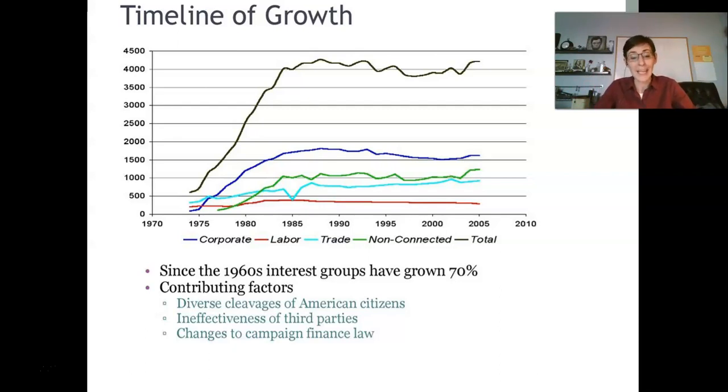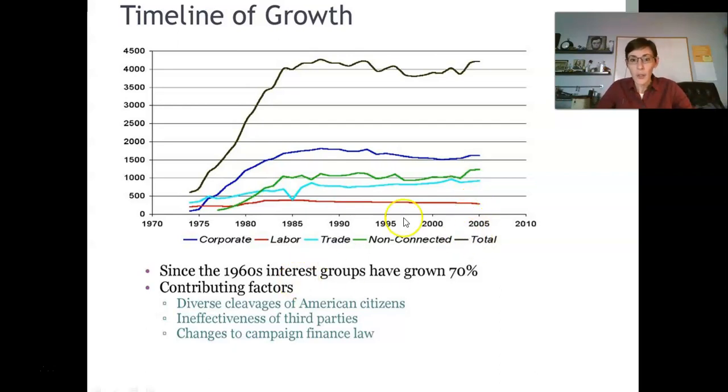And this group can donate to political causes and, to a degree, political candidates with very little government oversight. So the growth of super PACs, which are a form of an interest group, accounts for a lot of that growth. These changes to campaign finance law have been significant.